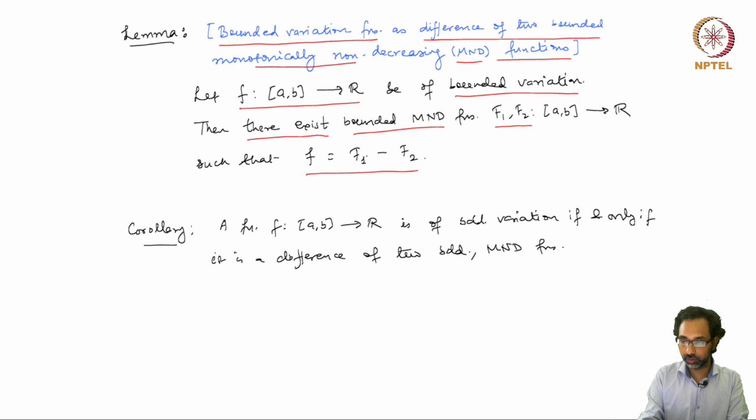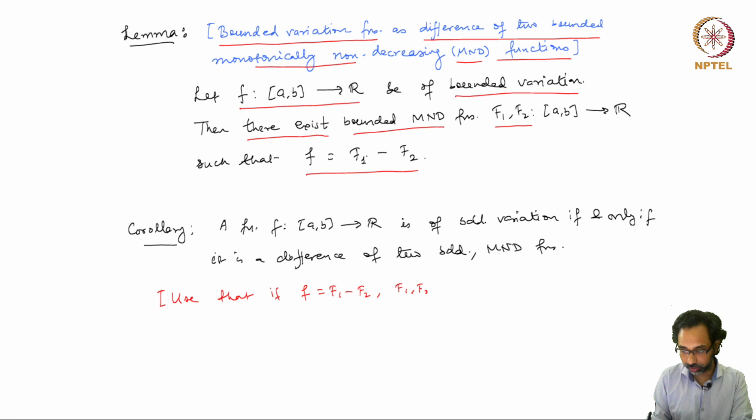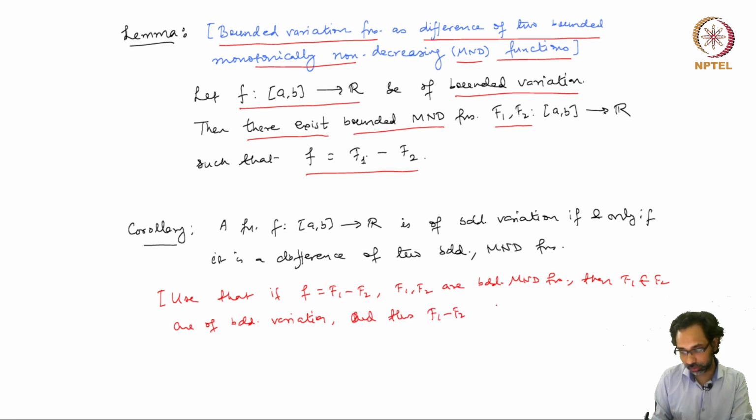So here we use that if f equals f1 minus f2, where f1, f2 are bounded monotonically non-decreasing functions, then both f1 and f2 are of bounded variation, and thus f1 minus f2 is also of bounded variation.